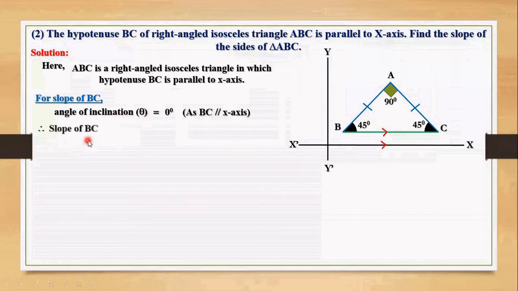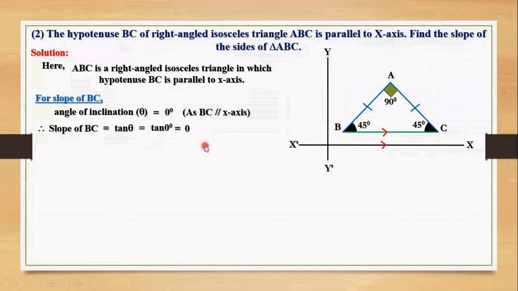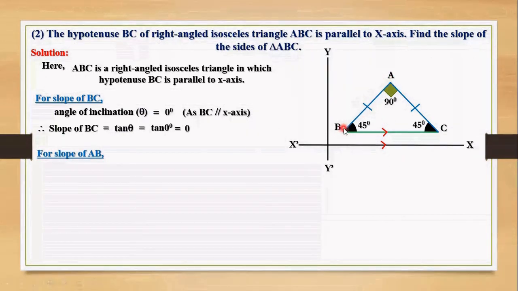So the slope of line BC is equal to tan theta. Substituting theta as 0 degrees, we get tan 0 degrees, whose value is 0. So we get slope of BC equal to 0. Now for the slope of AB, to find the slope of this line AB, we need the angle of inclination.